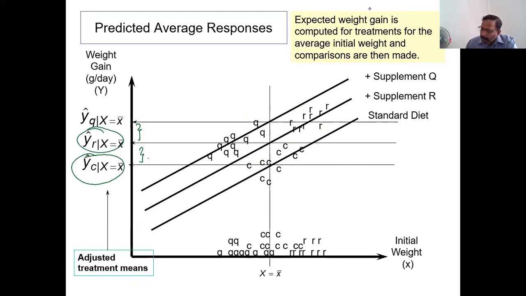We can also call it a predicted value: the predicted value of standard diet, predicted value of supplementary R, predicted value of supplementary Q. Now tell me, do they have differences? Look at here, there are differences. So according to this, what is the better diet for the animal, which increases the weight?